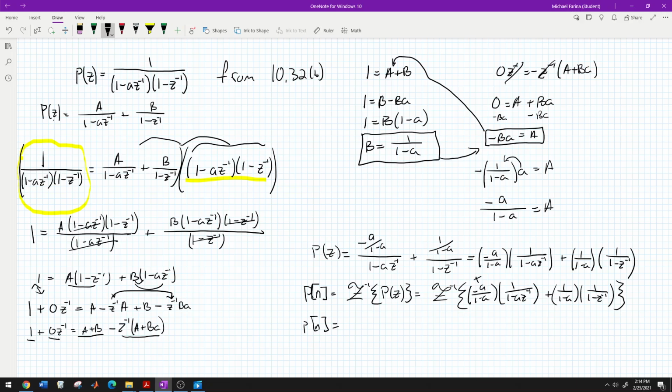Because this term here is a number and this term here is a number, it's just a scaling factor, so you pull it out and you get minus a over 1 minus a times the inverse of 1 over 1 minus a Z inverse, plus 1 over 1 minus a times the inverse Z transform, excuse me, of 1 over 1 minus Z inverse.